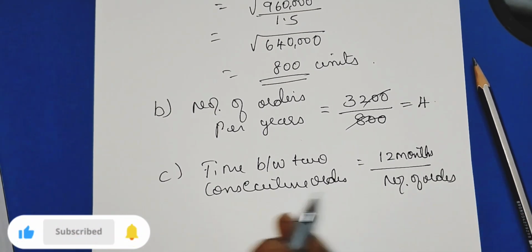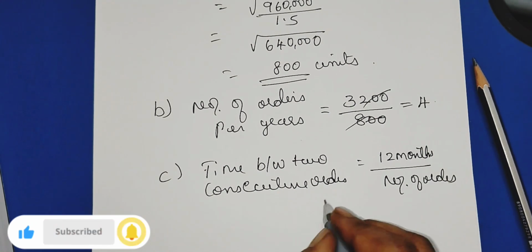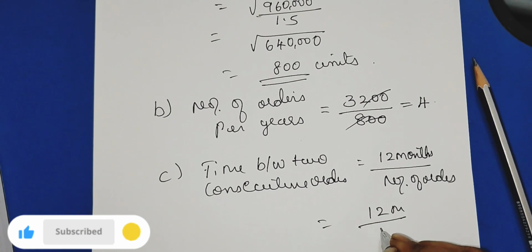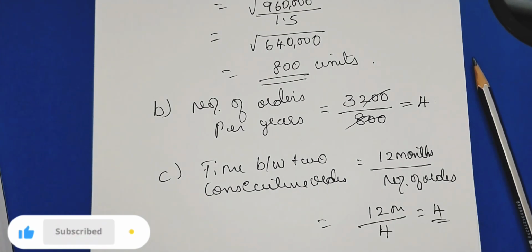That is, what is the gap between your first order and the next order? That is called consecutive orders. So that is 12 months divided by 4, we get 3. In a year 4 orders, with a gap of 3 months we can place them. First order, then we give a time gap of 3 months, then we place one more order, right?